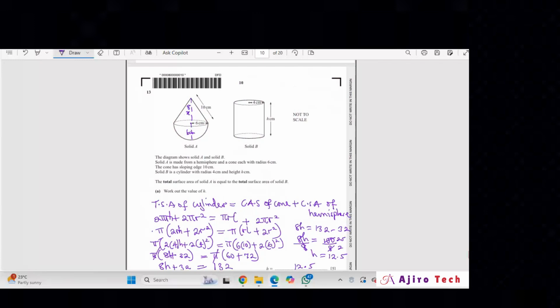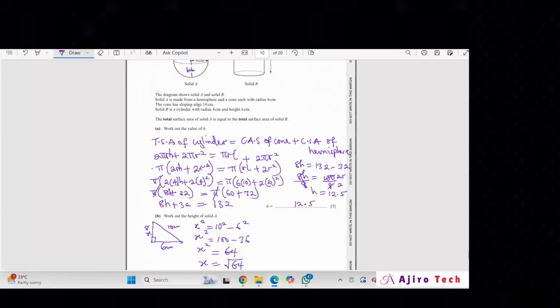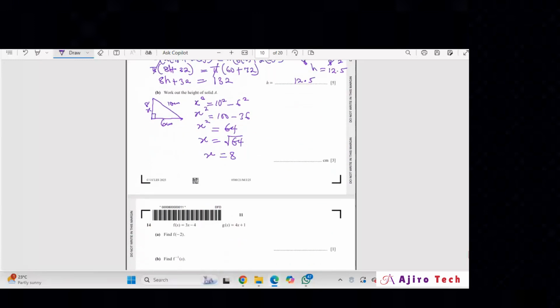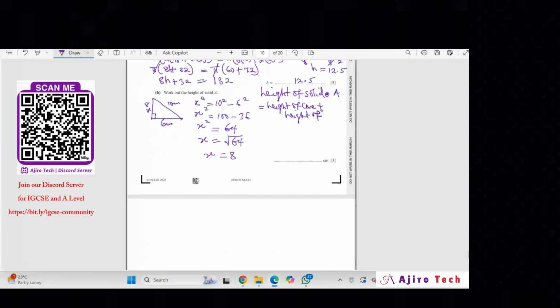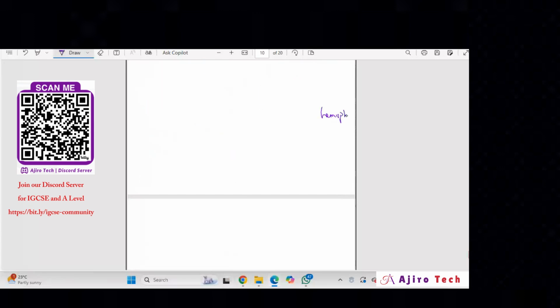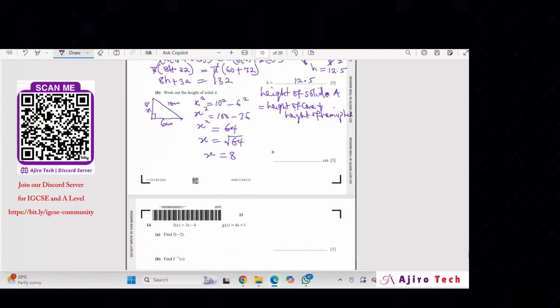So if I want to get the height of solid A now, height of solid A is equal to height of cone plus height of hemisphere.